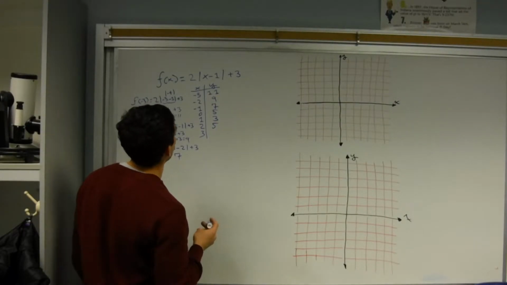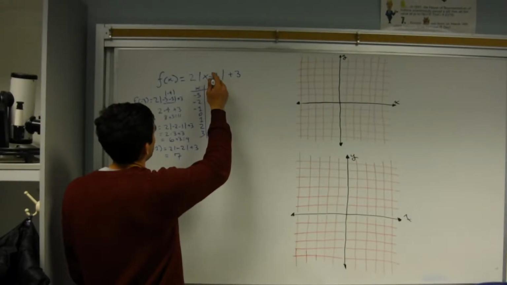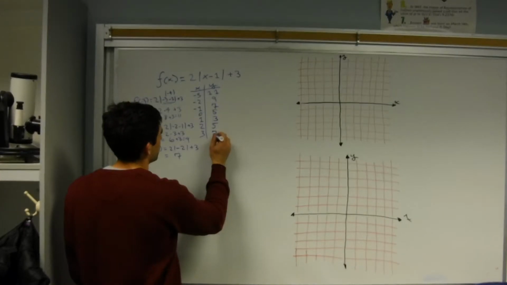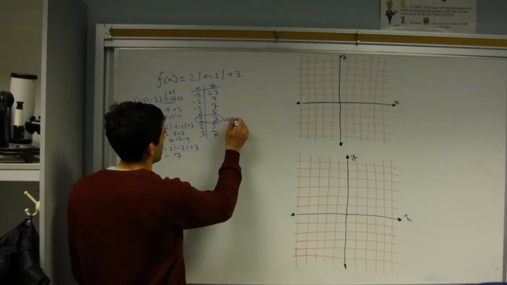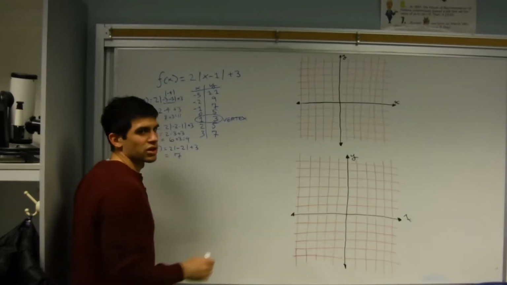And then f of 3 is going to be equal to 2 times 2, which is 4, plus 3, which is 7.